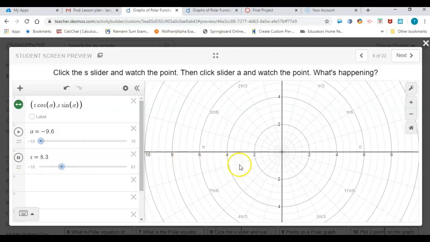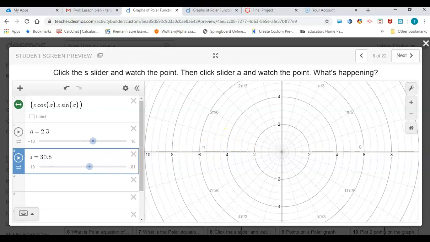I want them to play around with the graphs so that they can see what's actually happening here. I hate that it's going away, but I'm going to change that.